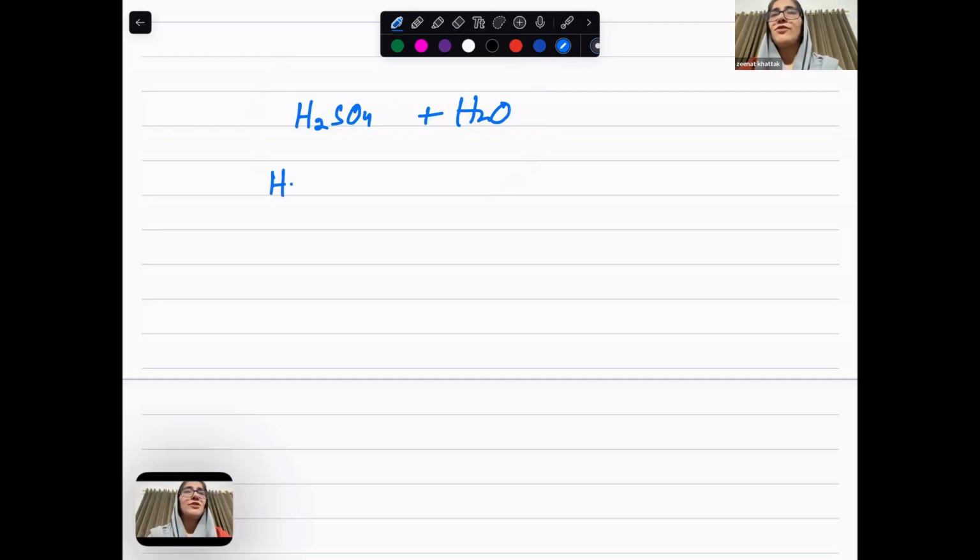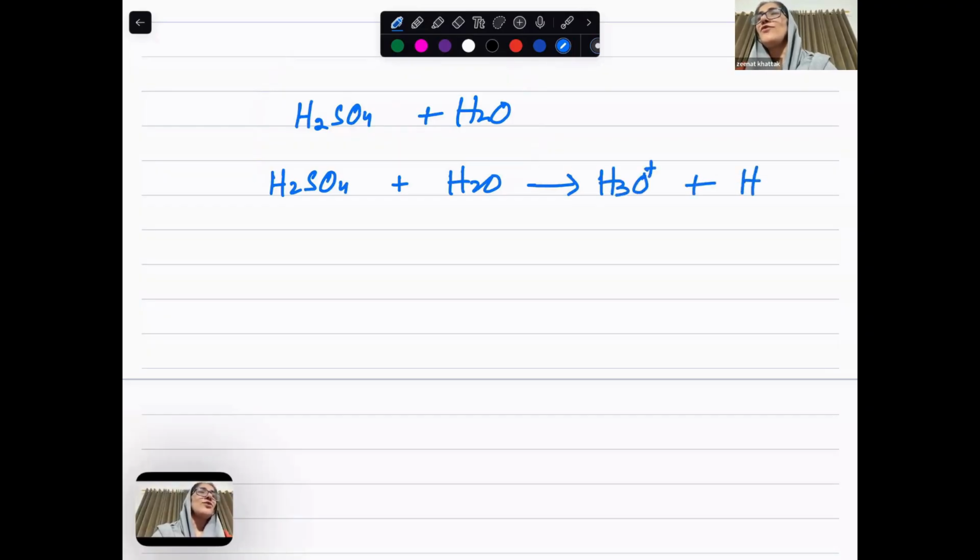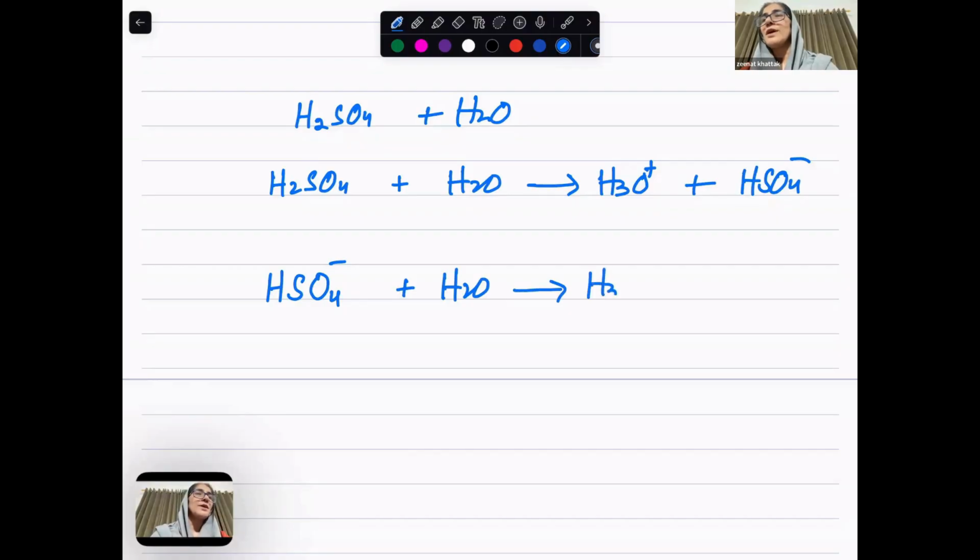When you put H2SO4 in water, it will give H plus to water, making H3O plus and HSO4 negative. In the next step, the HSO4 negative will give H plus to another water, making H3O plus and SO4 di-negative.